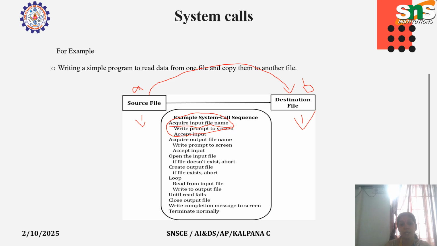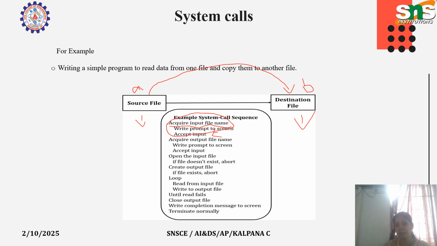So we have to get the file name from the user and write a prompt to the screen, displaying to the user and asking the user to enter the file name here. After that the user will enter the file name, so we need to accept that input file name.